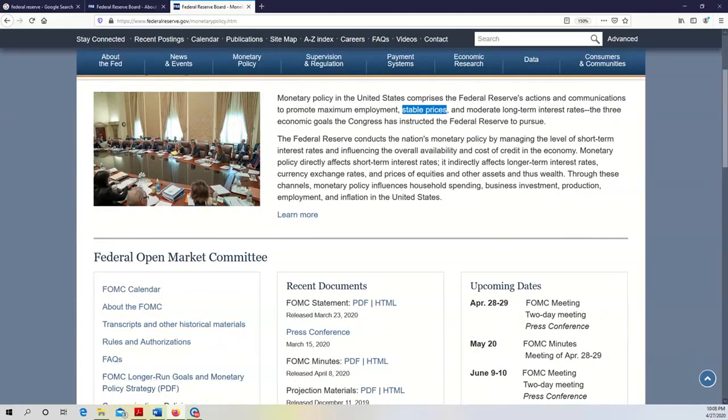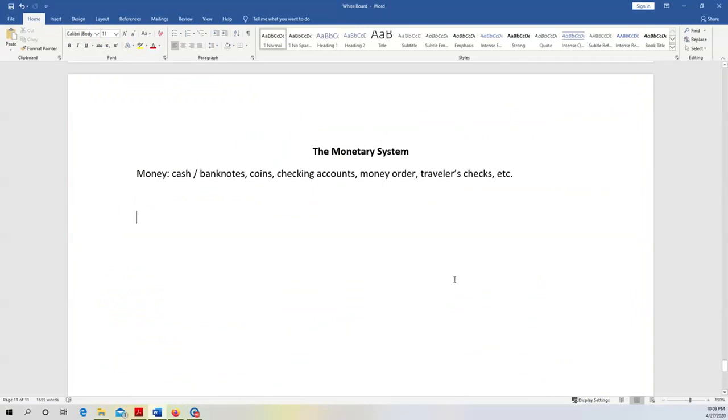Okay, so what are so-called monetary policy tools? There are several tools to regulate the money supply in the United States, to either increase or decrease the money supply.